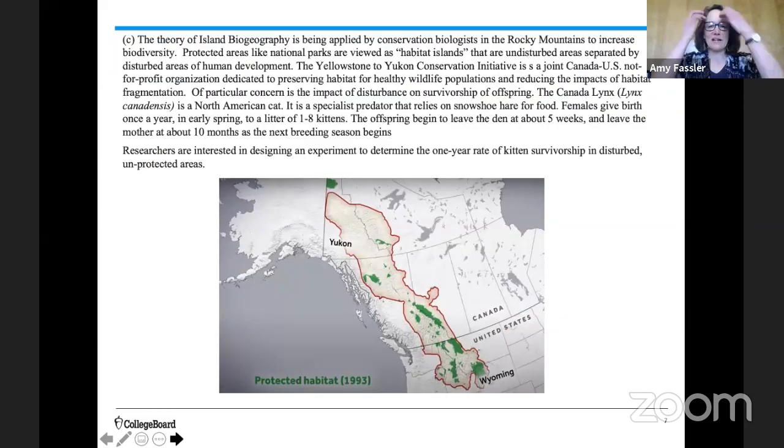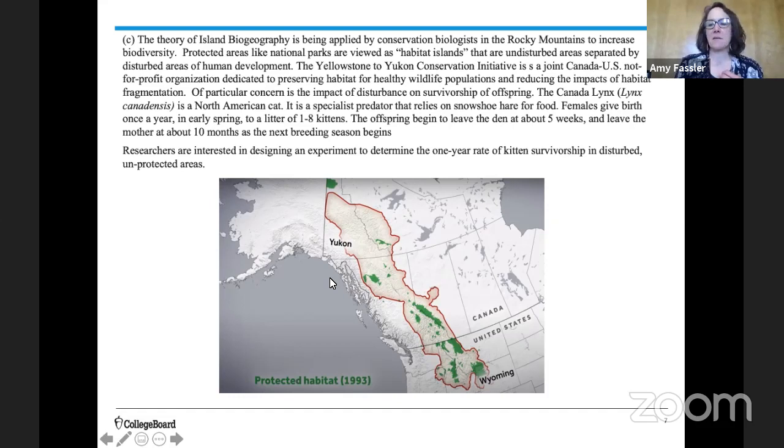And then we went into kind of a long passage about how this original theory of island biogeography is being applied today, currently, by conservation biologists. And in this case, it's conservation biologists working in the Rocky Mountain region with the Yellowstone to Yukon Conservation Initiative.